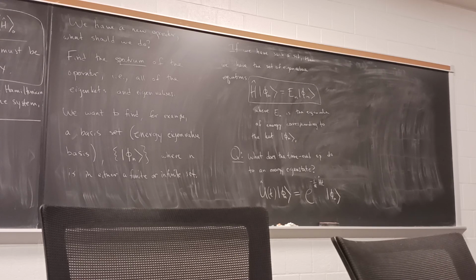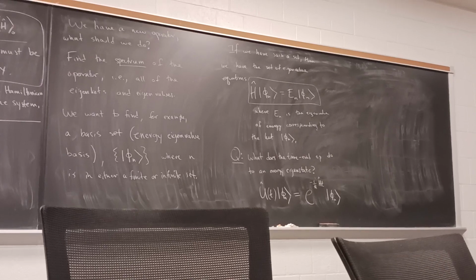Oh, I see. Every time H operates, it gives you E_n. So you're right, it'd just be that expansion, with H replaced by E sub n. How do I write that then? As a sum.